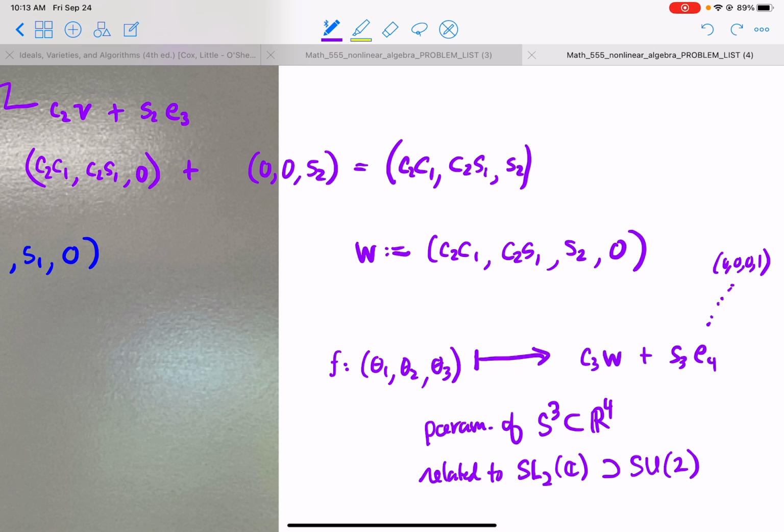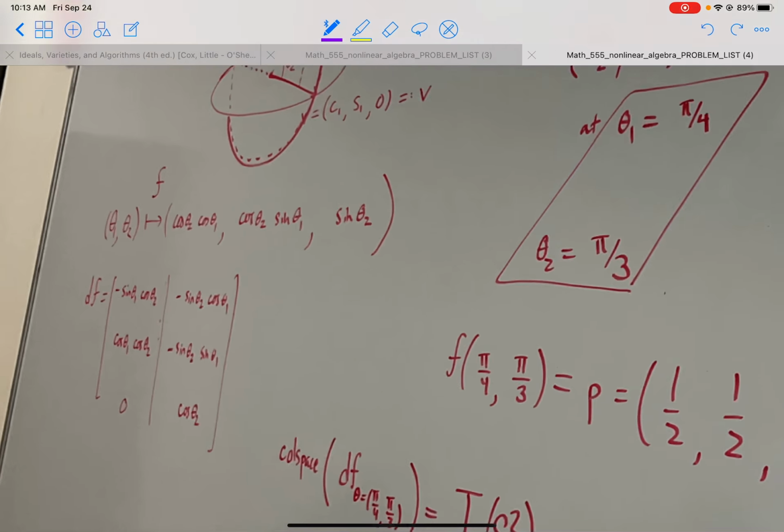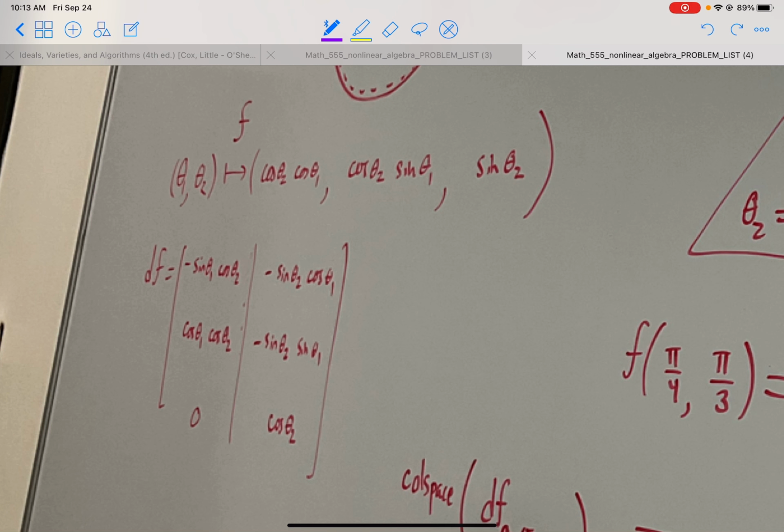This is not easy, but it's definitely worth your effort. Now, back to the point of this. Once I have this parametrization, I take the derivative with respect to the first parameter, and it gives me one basis vector of the tangent space. And the derivative with respect to the second parameter gives me another basis vector of the tangent space.